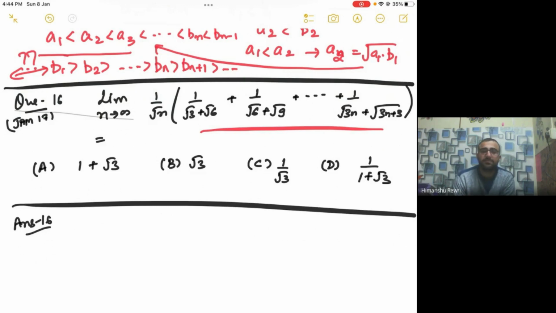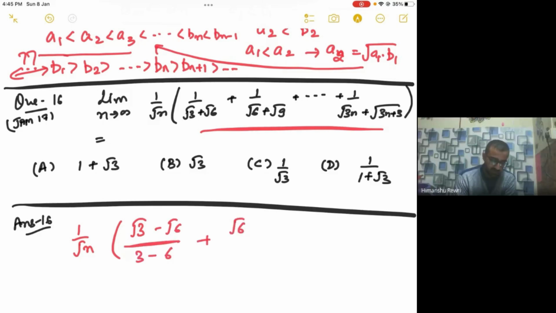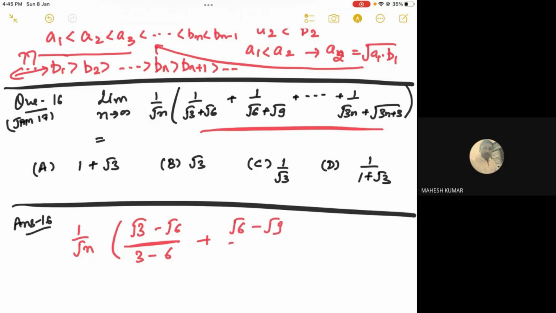Take any term and rationalize it. So rationalizing each term, so that the denominator difference becomes the same.